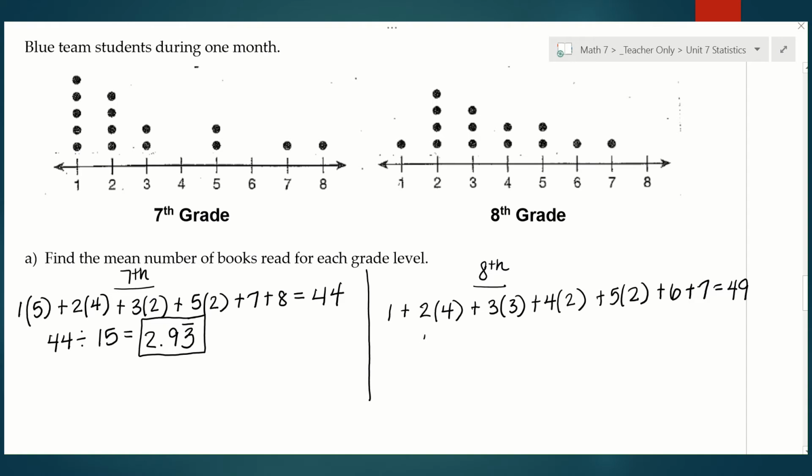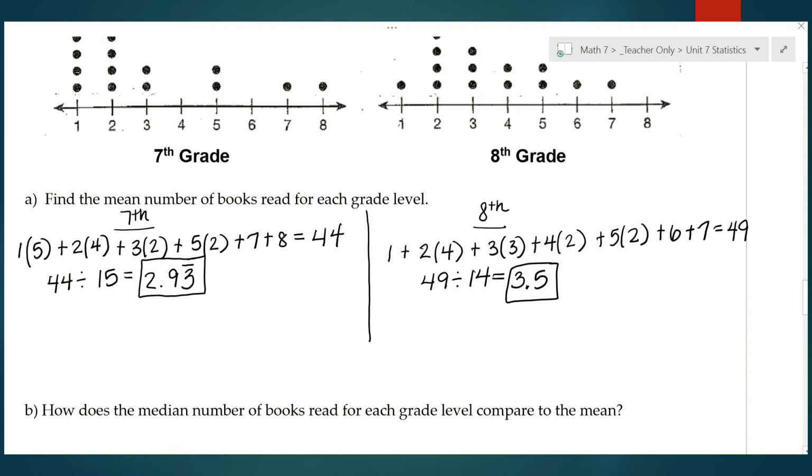Should be 49. And we're going to divide by, let's see, how many dots for 8th grade? 14. Okay, so my average for the 8th graders is 3.5. Oh, they beat you guys just by a little bit.